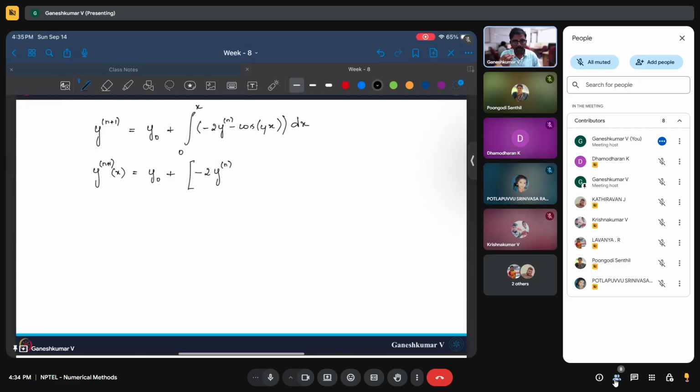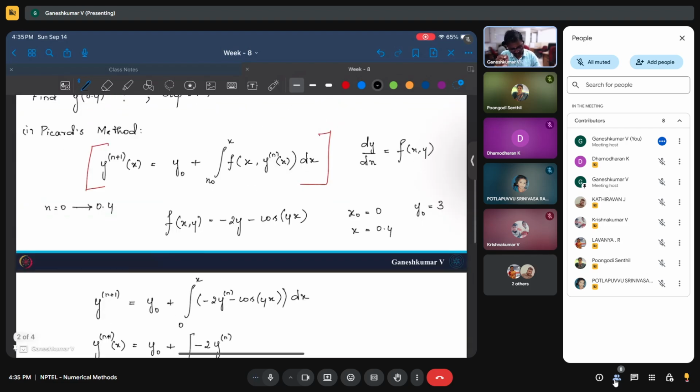Although y is a function of x, here we have substituted yn, the previous iteration value, and then we integrate. If it were simply y, you would have to consider y as a function of x, so you would have y times dy by dx; here it is a constant.